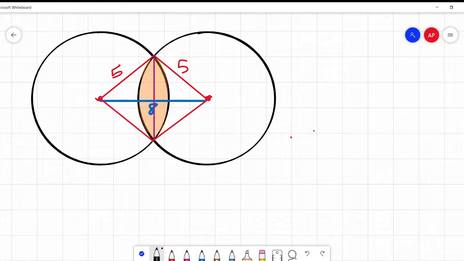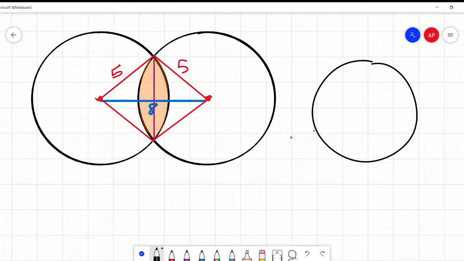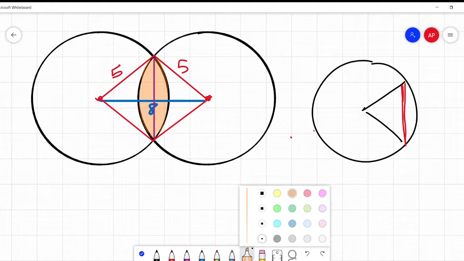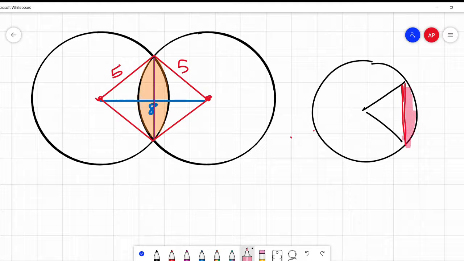On the left-hand side, I have a circle that has a sector. That's the name for a portion of a circle. And then there is a chord cutting across it, which creates a segment. This segment, which I'm highlighting in pink, is the same as this piece right there.